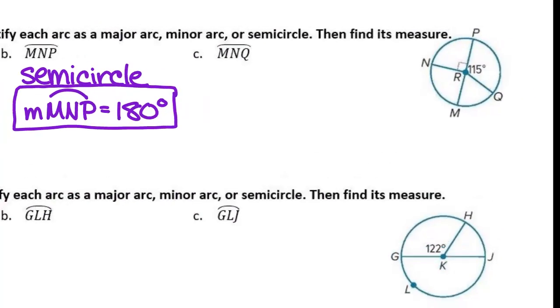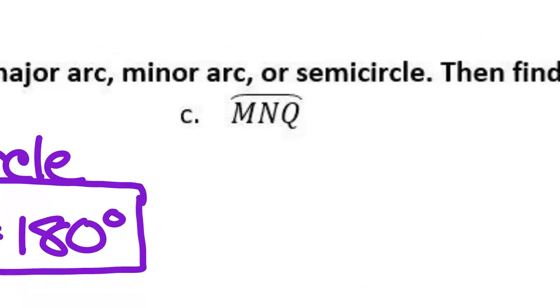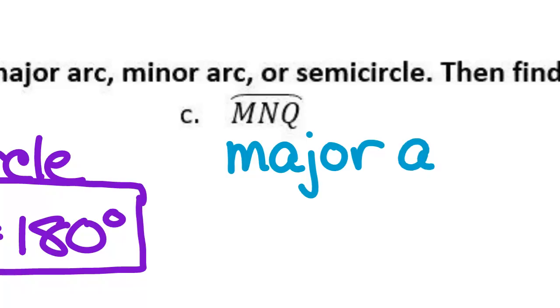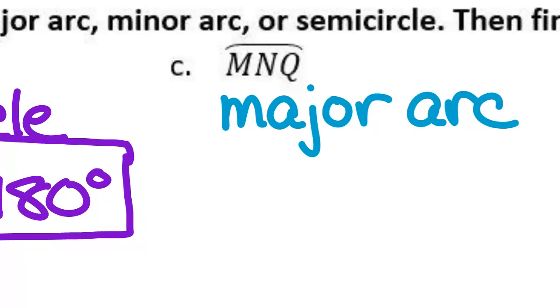All right, so that leaves MNQ, all the way over to here. Minor arc, major arc, or semicircle? Major arc. Now we want to know how big that major arc is.